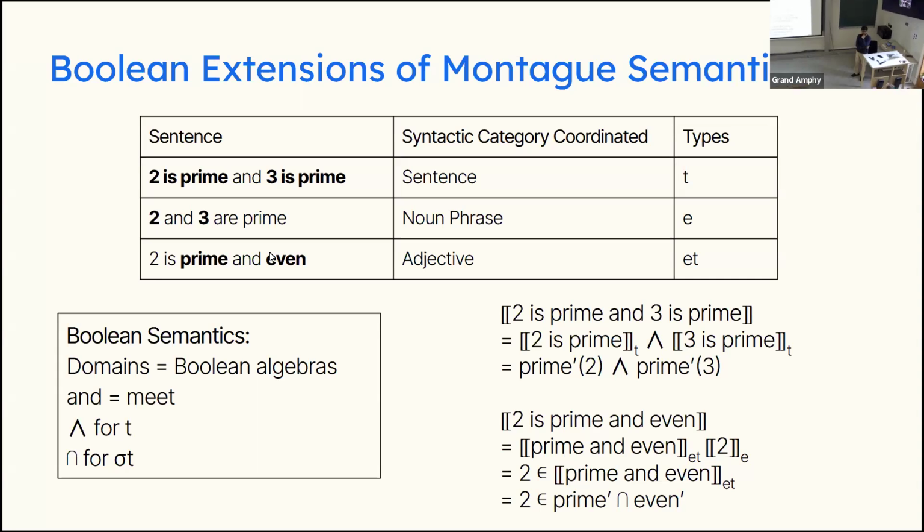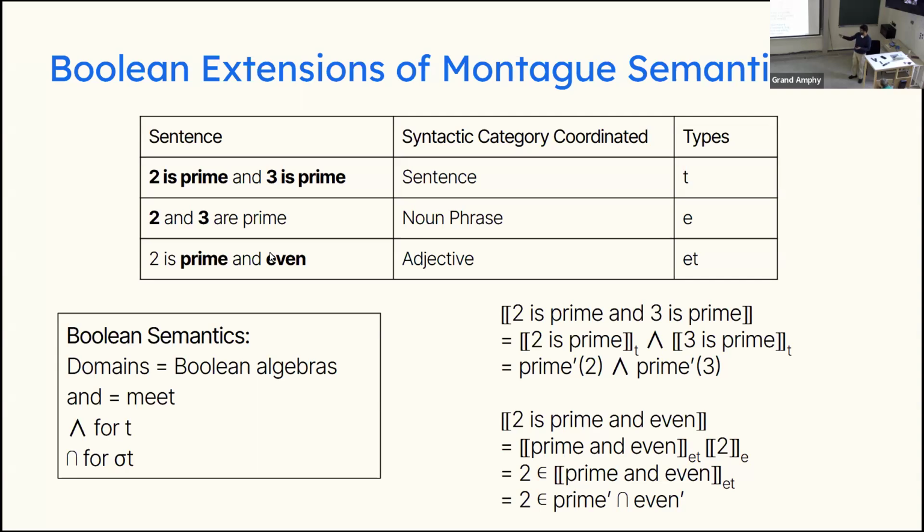But there's a way to unify this ambiguity by using Boolean semantics. In Boolean semantics, we use the Boolean algebraic properties of the domain. It is based on the fact that almost all the domains that we have when we analyze natural language have a Boolean algebraic structure, and the meaning of the coordinator "and" is just the meet operation in that specific Boolean algebraic structure.